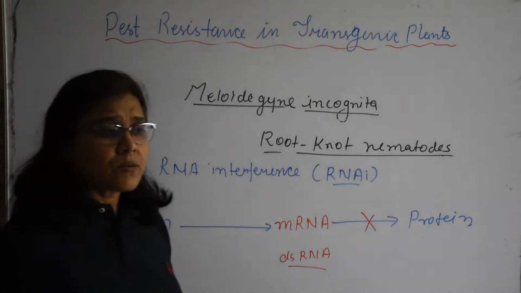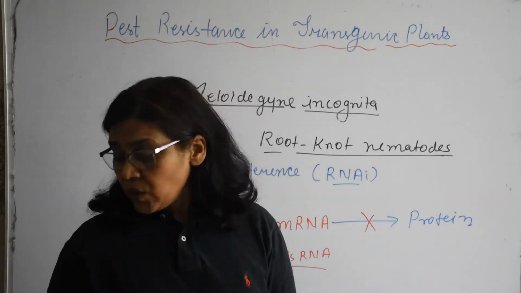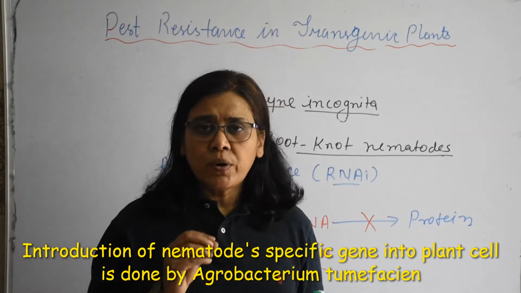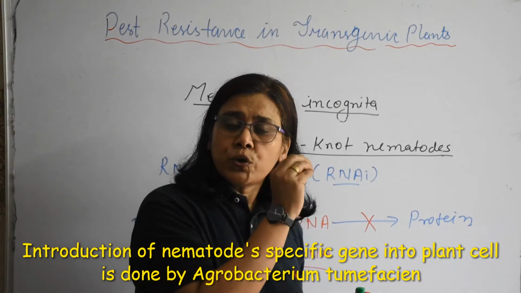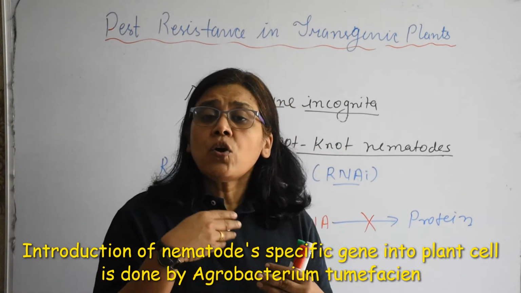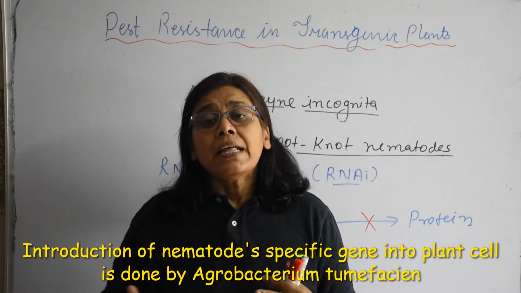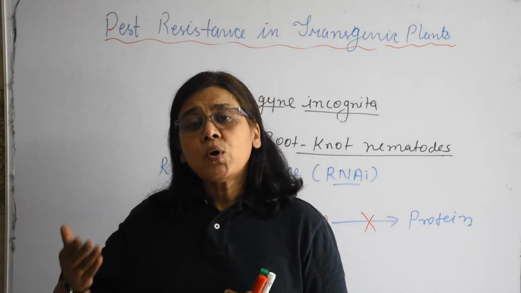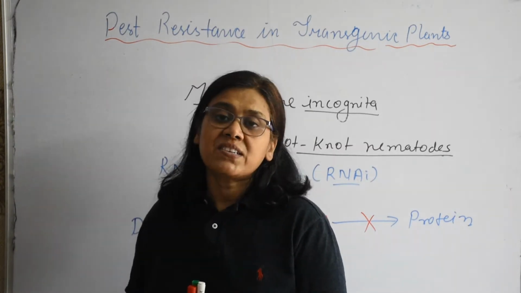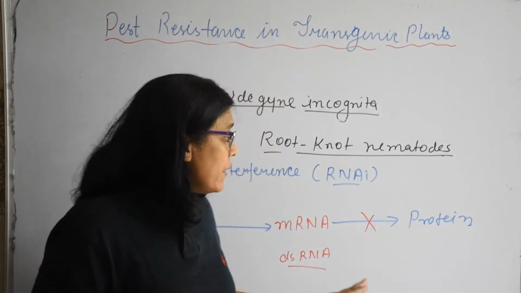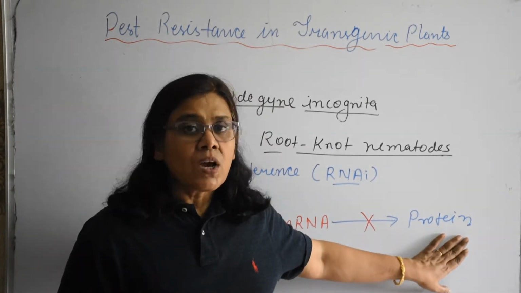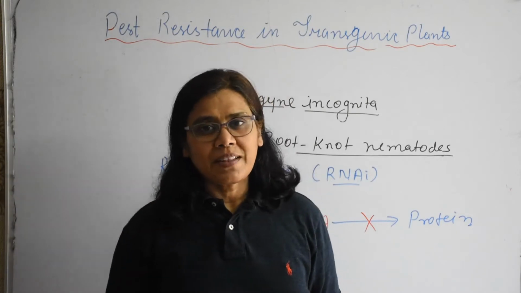To make the transgenic plant, a specific gene from the nematode is isolated and then introduced into the plant cell, and the introduction of that DNA is such that it synthesizes both sense and antisense RNA, and this is how double-stranded RNA is produced. When double-stranded RNA is produced, the protein will not be synthesized. Now we will understand this process with the help of a diagram.